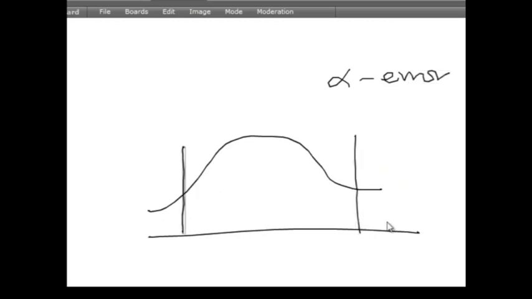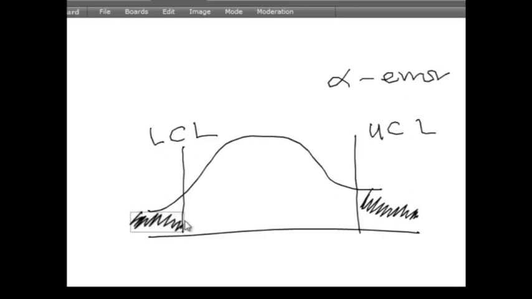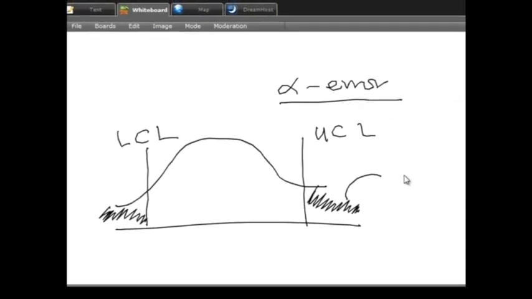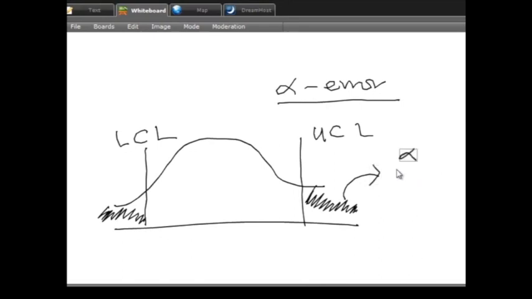Here we have two control limits, right? On the right side it's called the upper control limit, and the lower control limit is on the left. And then how to decide these control limits? The area on the right side of the upper control limit and the area on the left side of the lower control limit, the sum should be this alpha error if it's a two-tailed test. Therefore, on the right side, this area should be alpha? No, alpha over 2.